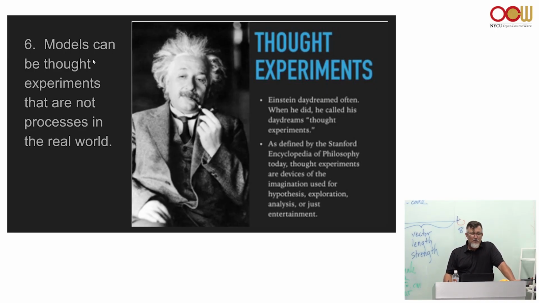Third, models can be thought experiments. By thought experiments, we mean that they are the opportunity for you to imagine, to actually think about things. Einstein often daydreamed about phenomena that he saw in the world. He called these thought experiments.